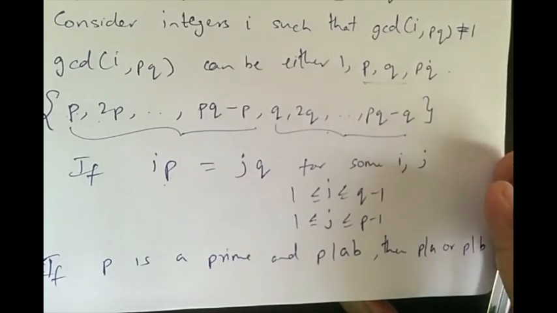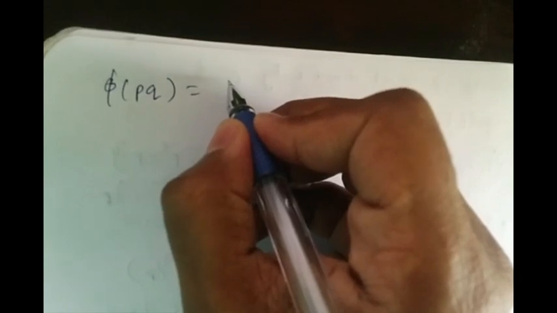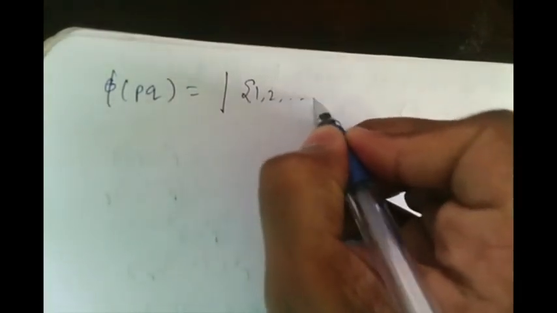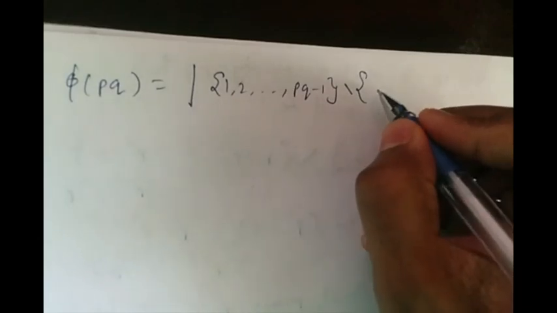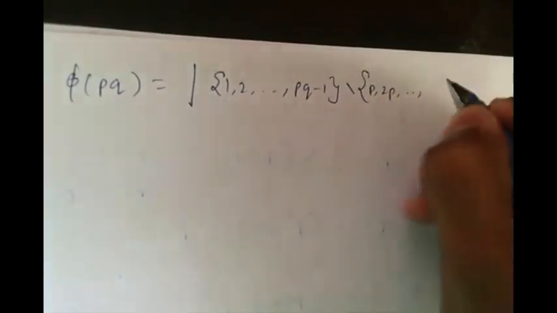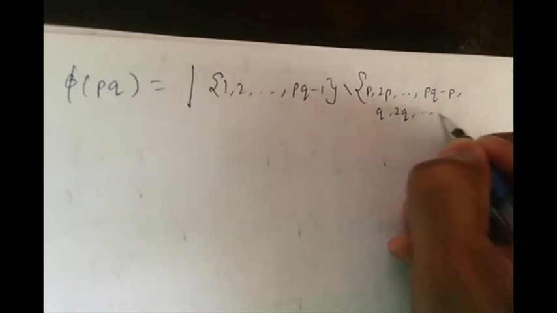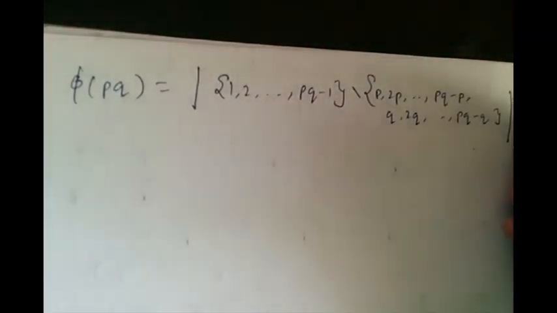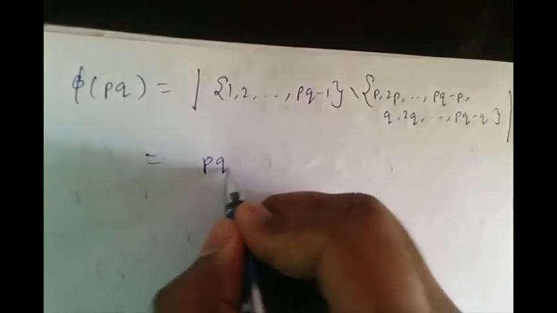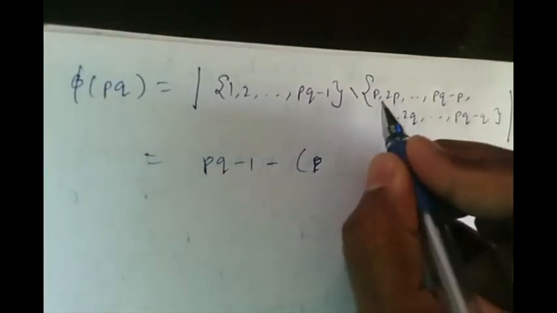So let's complete it on the next page. So phi of PQ is going to be the cardinality of the set 1, 2, up to PQ minus 1, set minus multiples of P, so P, 2P, up to PQ minus P, and Q, 2Q, up to PQ minus Q. The cardinality of this set is PQ minus 1, and for clarity, there are Q minus 1 multiples of P, right?